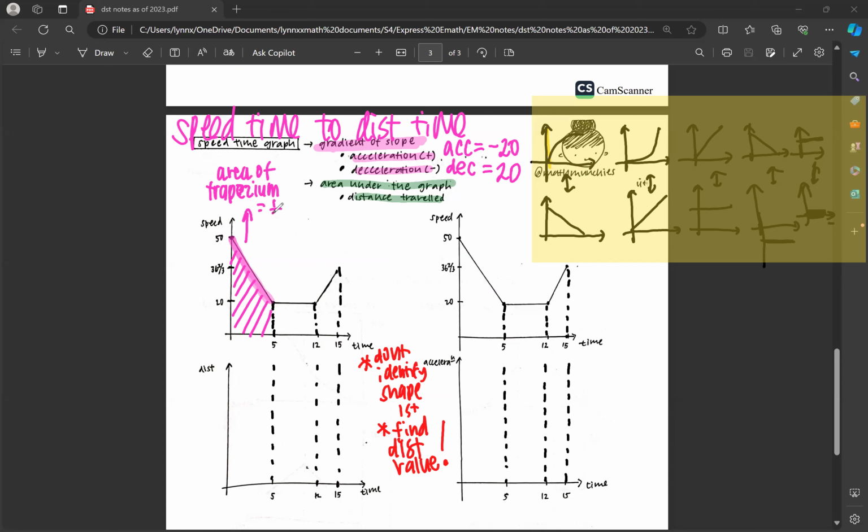How to find the area of a trapezium? Area of a trapezium is half times A plus B times height. Correct or not? So what is my A? Yes, 20 plus 50, times what's my H? 5.